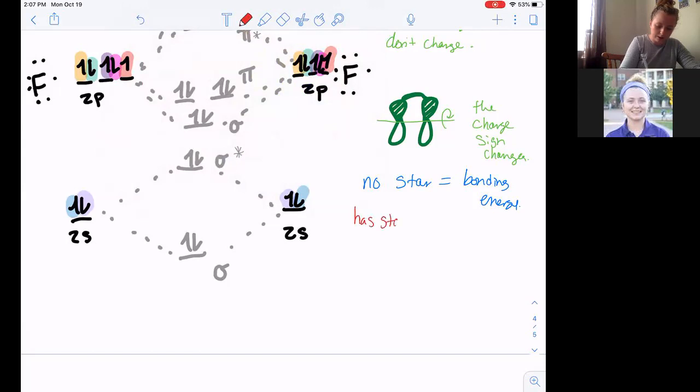Has a star means that it is anti-bonding or dissociation energy.